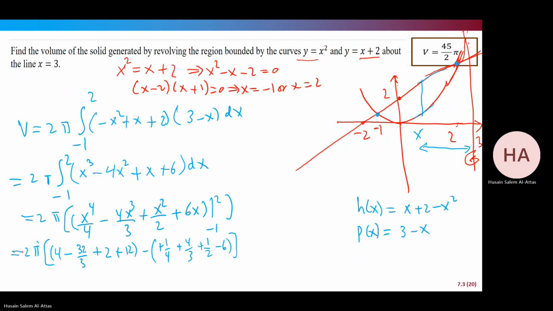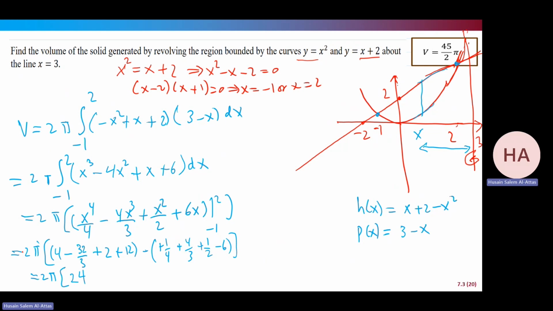Okay. So that gives me what? 2π times: I have 4, 2, 6, 12. 4 plus 2 is 6, 6 plus 12 is 18. I have minus 6, so that will be 24.